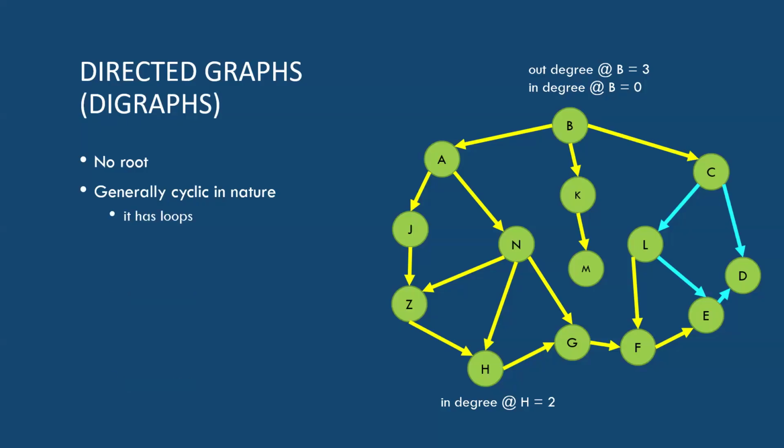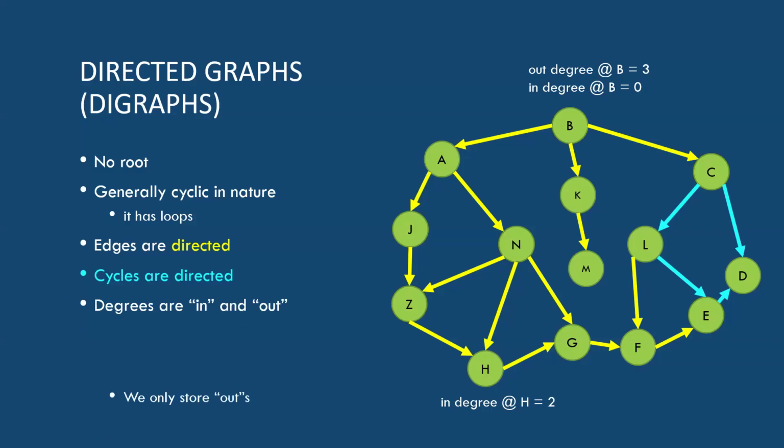But if it has cycles, there's a loop in there somewhere. And we're always going to be traveling along some kind of a path. Now, we could have an edge that goes from C to L and then another edge that comes back from L to C. That's okay. They're both directed. We would say that they are both directed in that particular case. Okay. And we want to keep track of the in degree and the out degree as best we can, but it can be sometimes a little bit expensive depending on what our underlying data structure is.